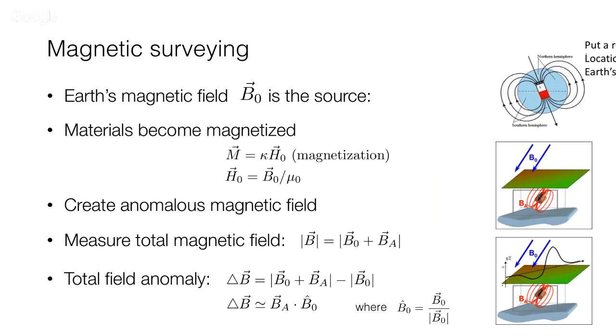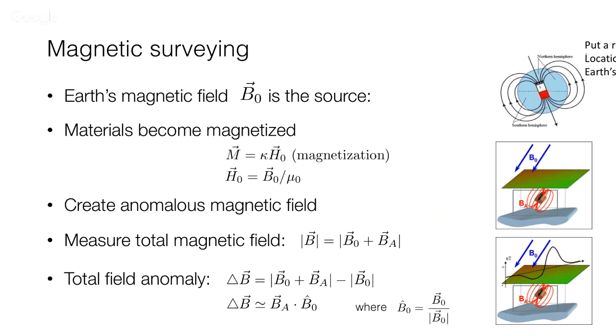Okay? Now suppose that you're sitting up here at this particular point, and the Earth's magnetic field is kind of coming in. So now bring it down to this picture here. You've got the Earth's magnetic field here, and a body that's sitting there that's magnetizable. The magnetization that occurs in this body is given by this formula here.